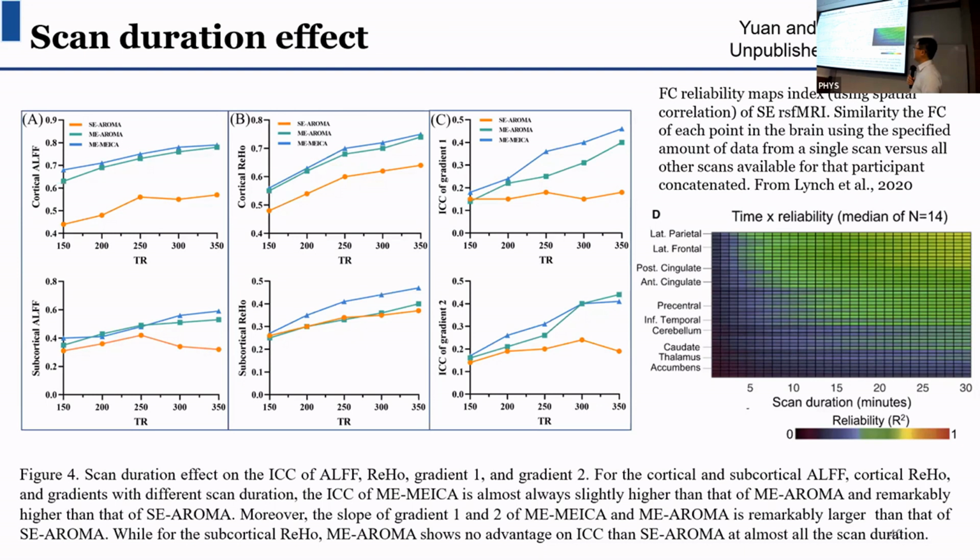In some regions like this cortex, thalamus, you just get no chance, even though the scan time is quite long. It's 30 minutes already. No one can take it. So with a 30 minute single echo study, you get no chance to get quite reliable results in this region. The color is the green zone.